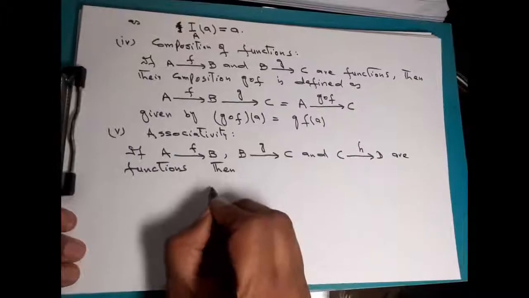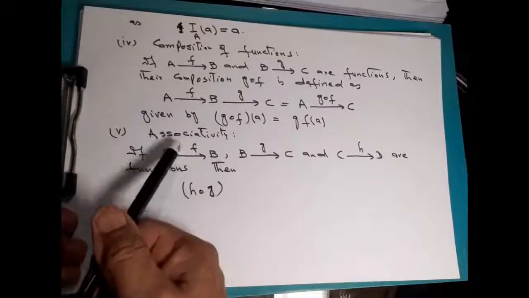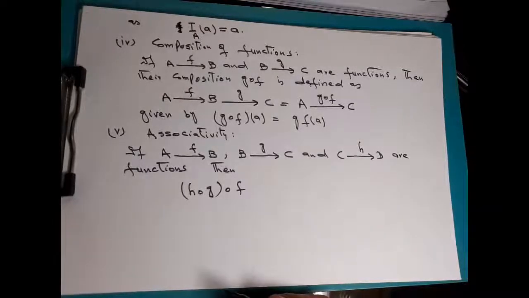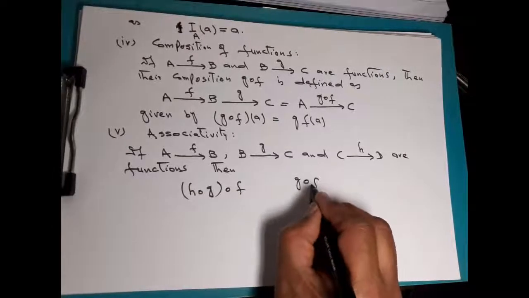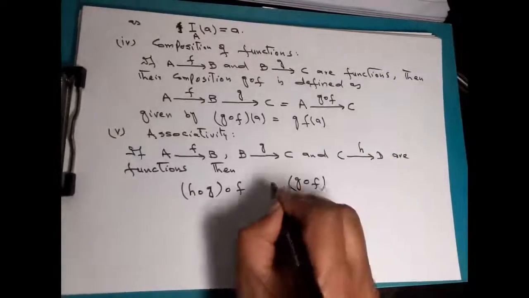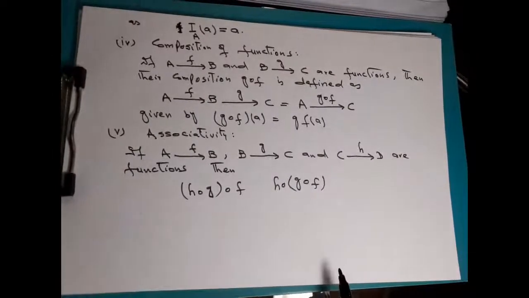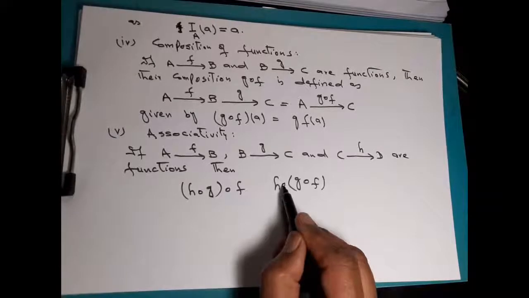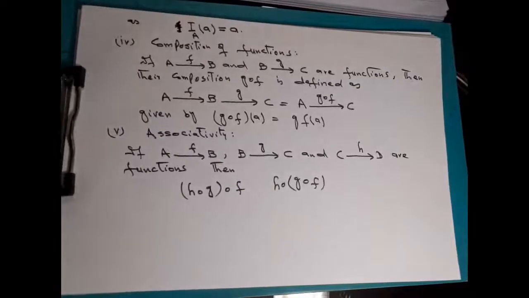h circle g, which can be composed with f, (h circle g) circle f. Or what we can do is we can compose g with f, so this is g circle f, and then we can compose it with h, so h circle (g circle f). So (h circle g) circle f is equal to h circle (g circle f). Just note the shift of brackets.